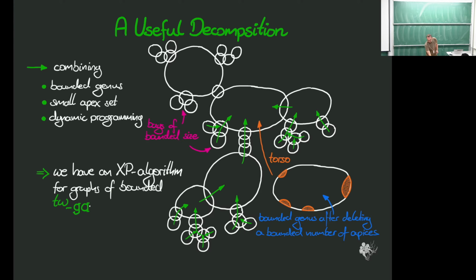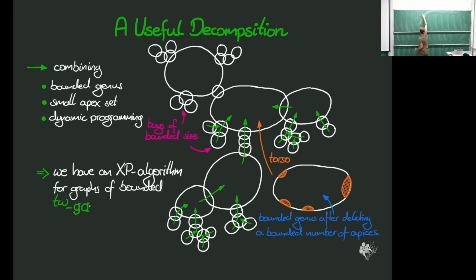It means that the running time of the algorithm is of this type, size of the vertex set to the power of O, and then here is tree width, GA, some function of it, actually. So this is the running time. So once you fix this, this becomes a polynomial, of course.